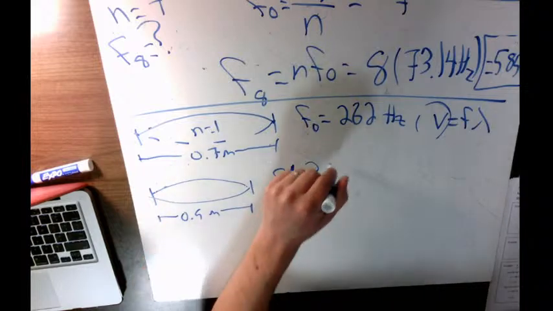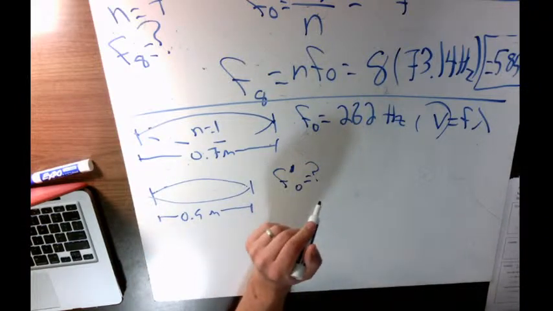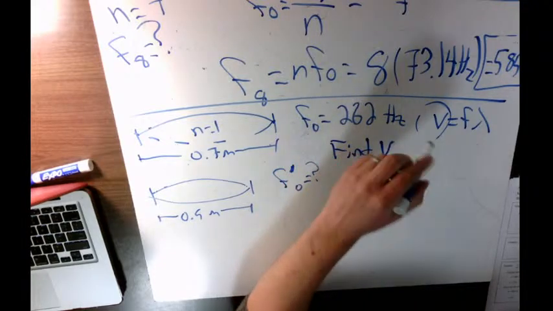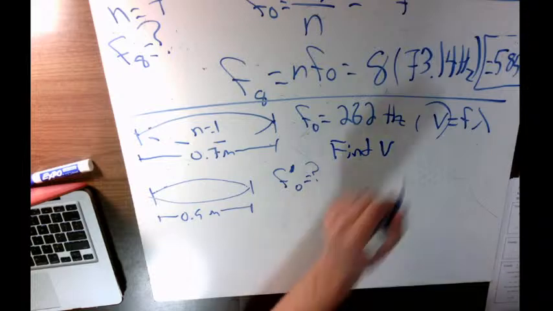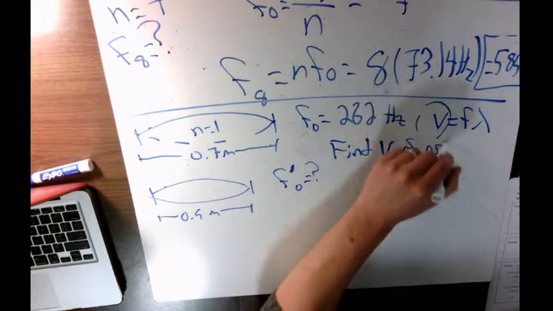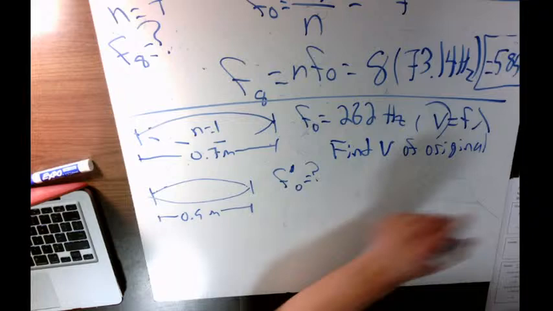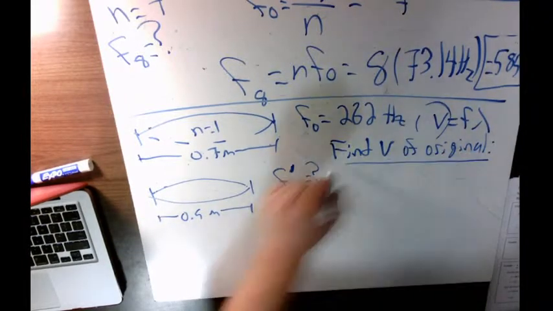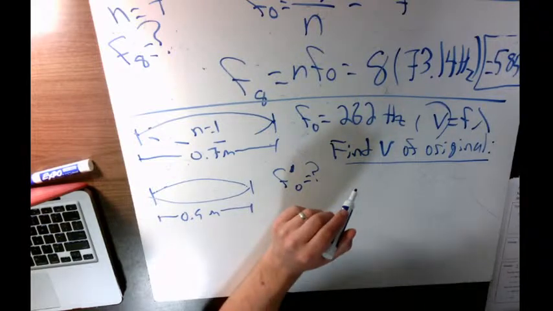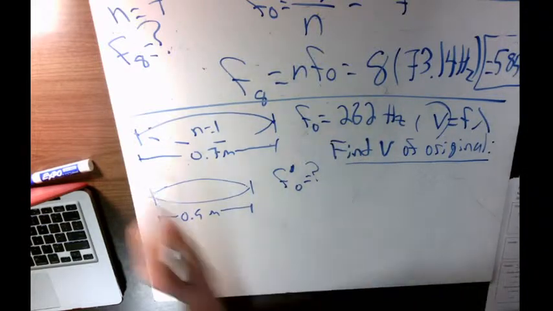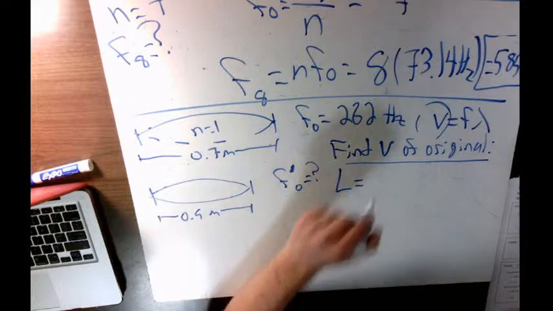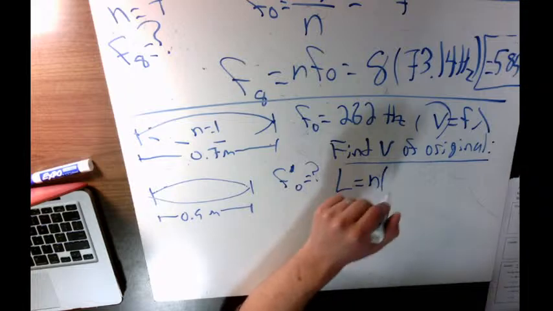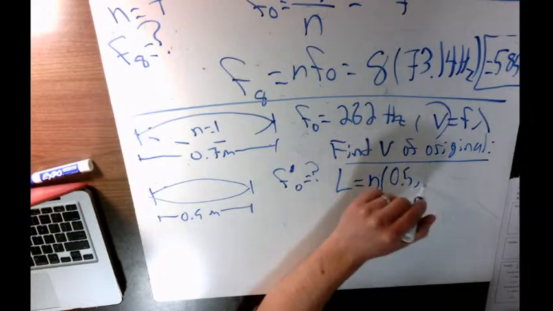So we need to find the speed of the original string. Find v of original, which will actually be the same as the speed in the other one. And we're going to do that by using our frequency times our wavelength. So first of all, length of the string is equal to our harmonic number times half of the wavelength, right?